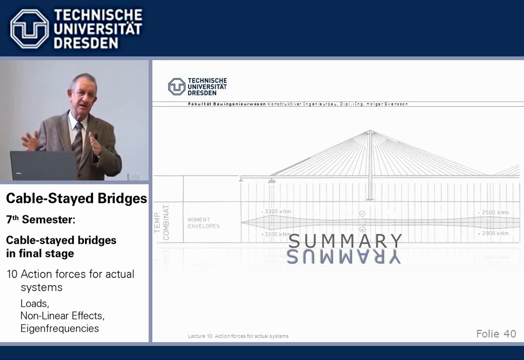And 40 minutes are for calculation, and you will get a simple calculation task of what I show you tomorrow, of a preliminary calculation of stay cables or beam moments or tower moments or things like that. So we must have something to calculate in the examinations, and that will be this basic system.